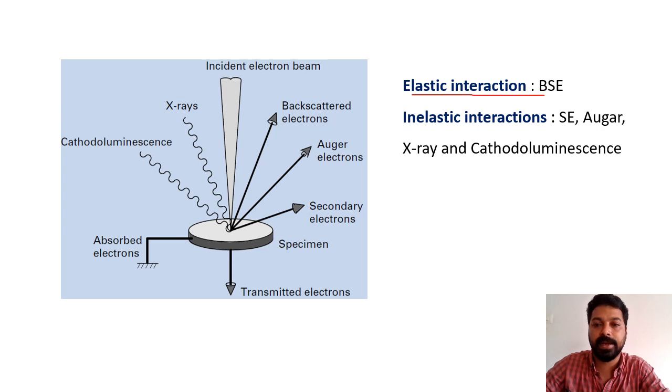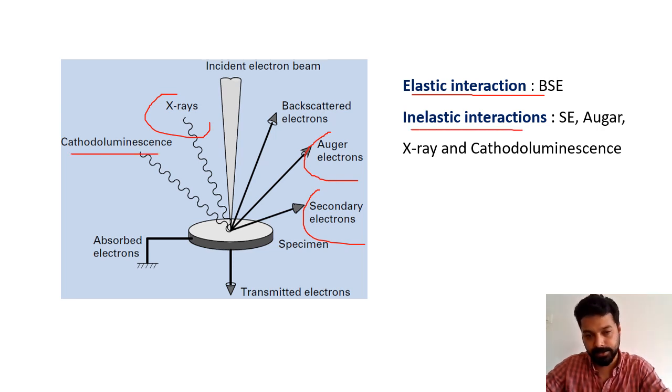All other interactions, whether it is auger electrons or secondary electrons or X-rays or cathodoluminescence, are called inelastic interactions.